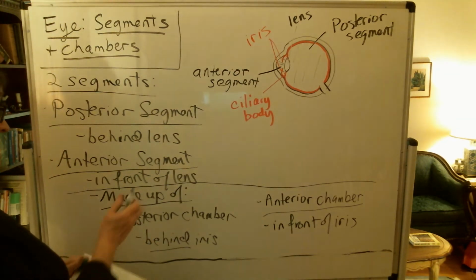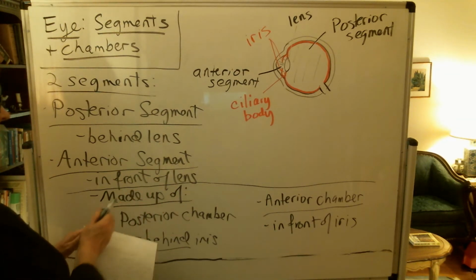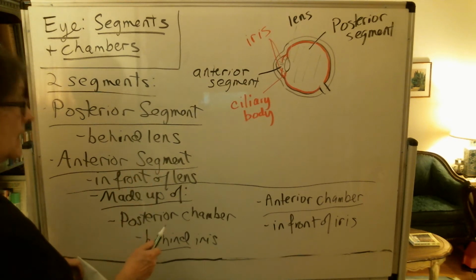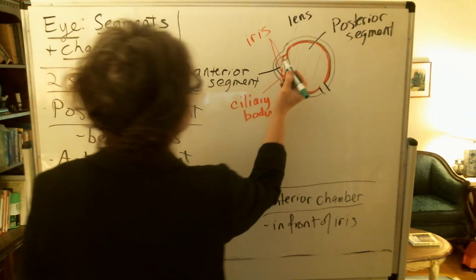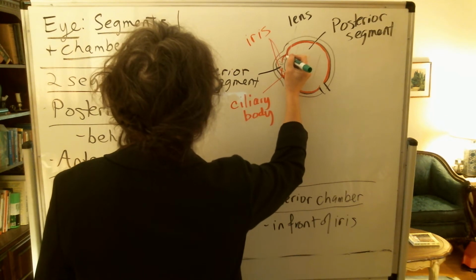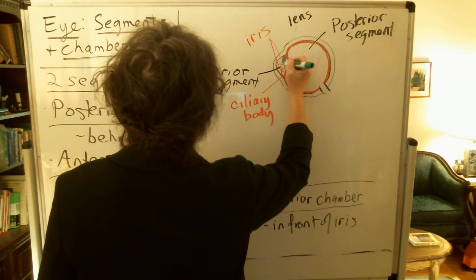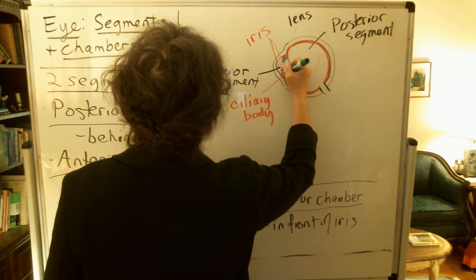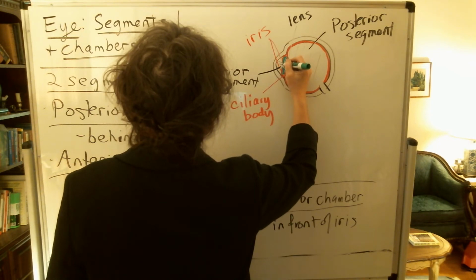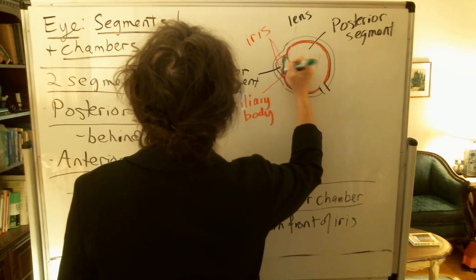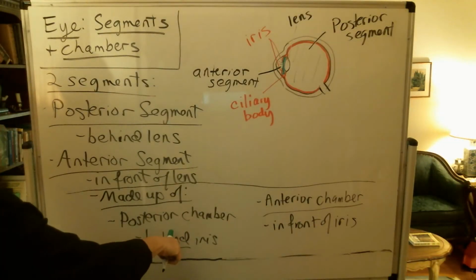So the posterior chamber of the anterior segment is behind the iris. Here's the iris. So I'm going to draw this in green just so you can see the area that we are talking about. So here we have behind the iris then.